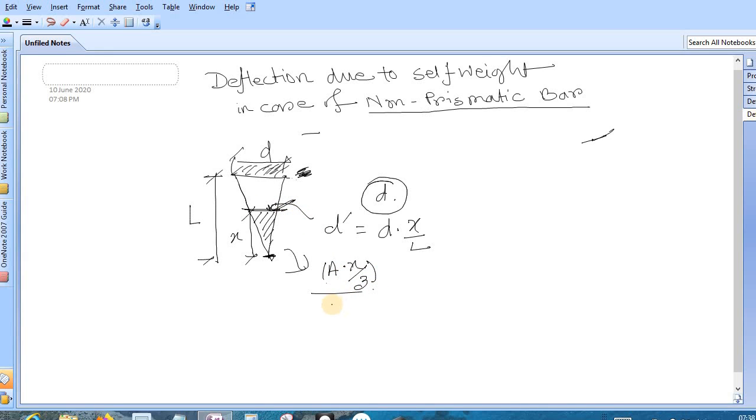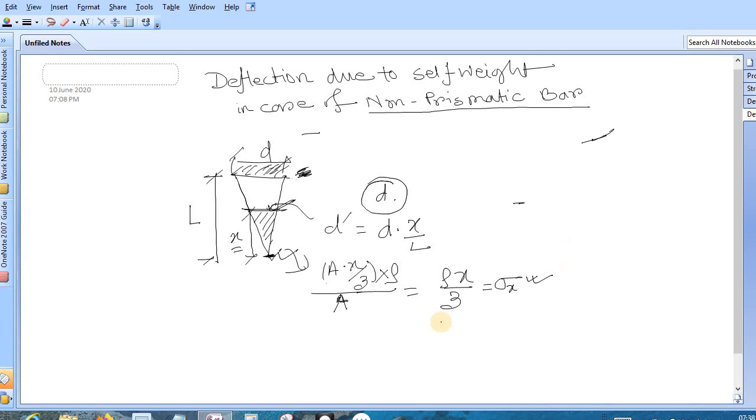You have to multiply this with the density to get the weight, then divide with the cross section A, and it comes as rho x divided by 3. This is the acting stress at any section at distance x from the bottom, and we define this as sigma x.